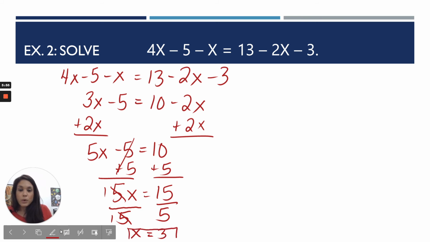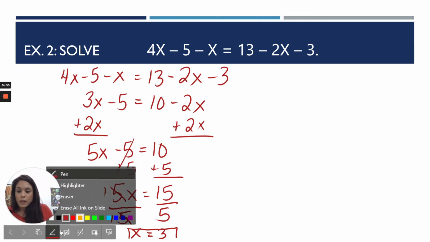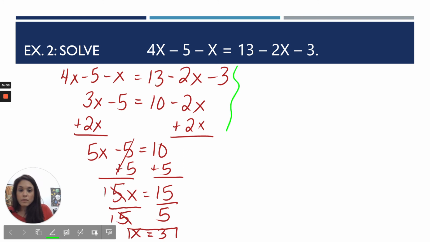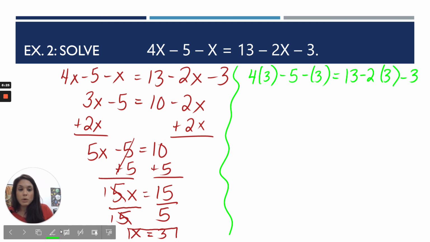Let's see if we are correct, because if the equation is equal on both sides, then we know that x is equal to 3. So let's put 3 back into this equation. So 4 times 3 minus 5 minus 3 equals 13 minus 2 times 3 minus 3.